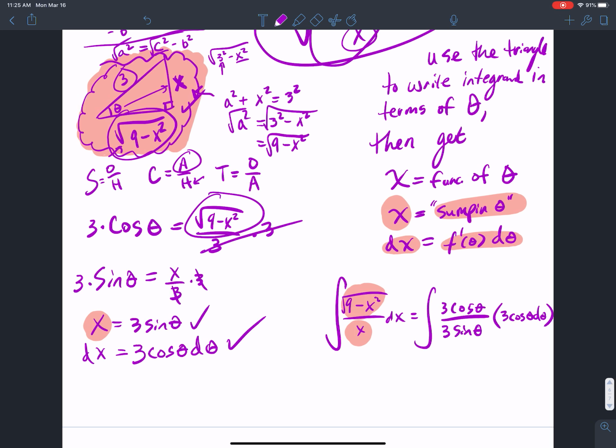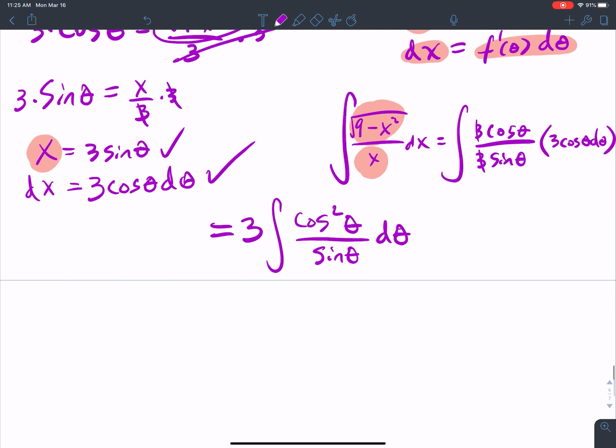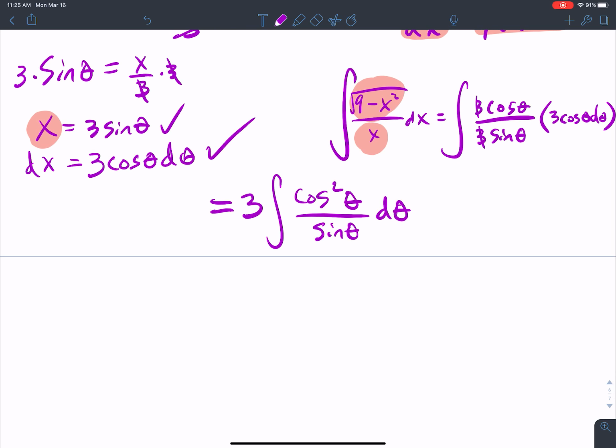So what do I end up getting? Got a bunch of 3's, but these 3's cancel. So I get 3, and I have integral cosine squared theta over sine theta d theta. Now I'm looking at this, and I'm stuck again.